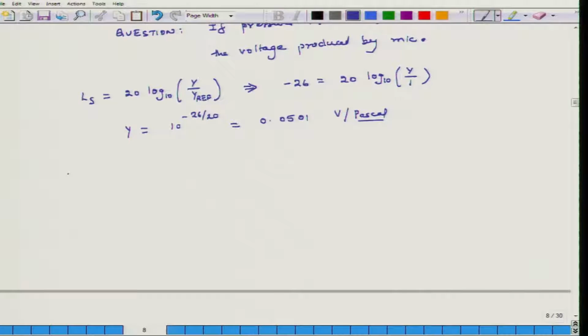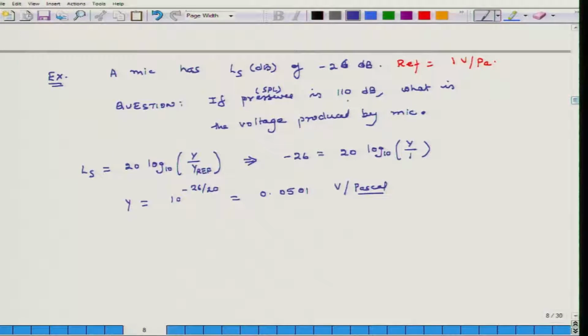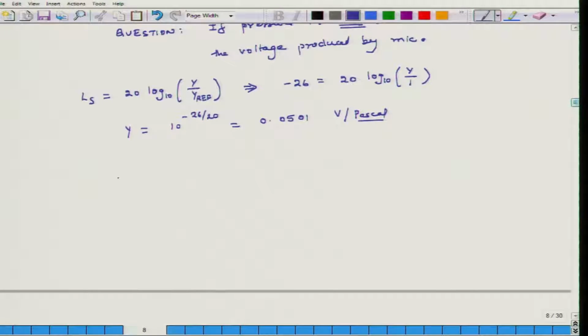Okay. Now, we want to see how many Pascals 110 decibels correspond to. So, sound pressure level in dB: 110 equals 20 log10 of P RMS by P ref.